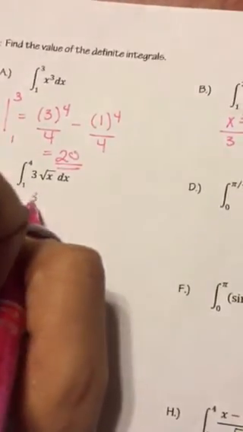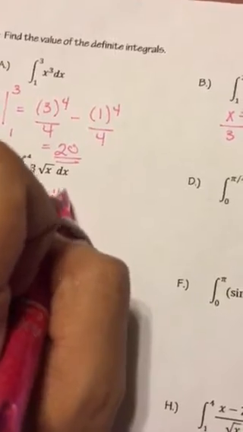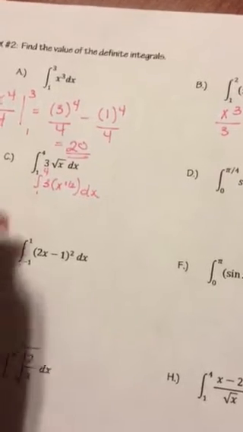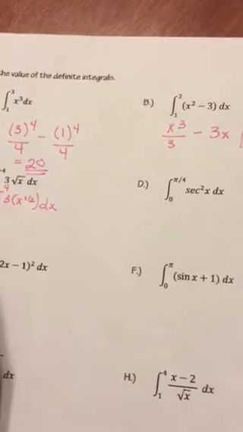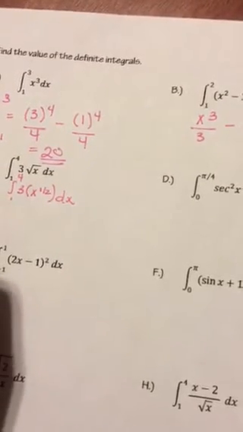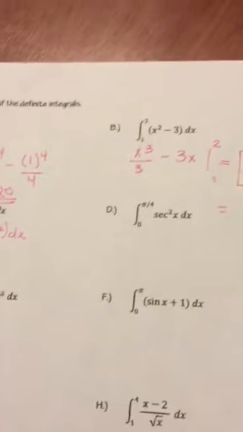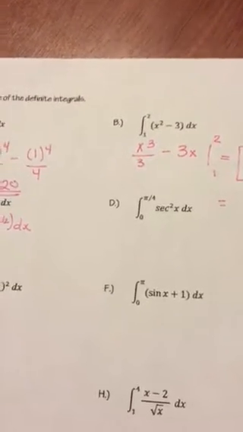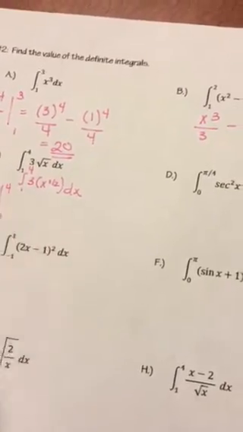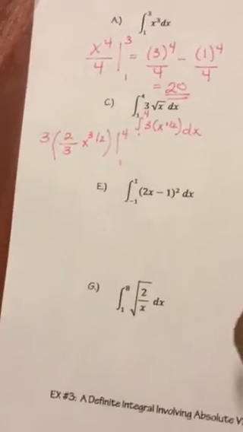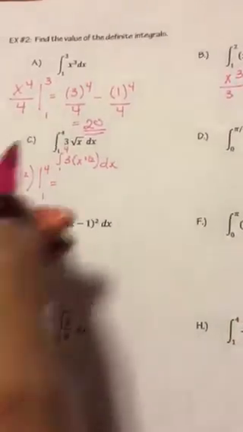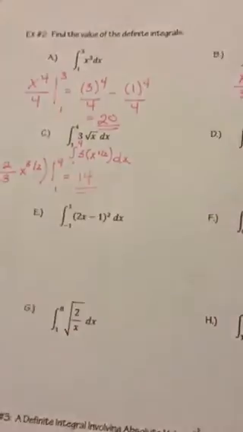If we change this, it becomes 3 times x to the half dx from 1 to 4. Now we can integrate using the power rule. We'll have 3 times 2/3 x to the 3 halves from 1 to 4. Use the fundamental theorem of calculus, substitute in our upper limit and our lower limit, and that would give us 14.